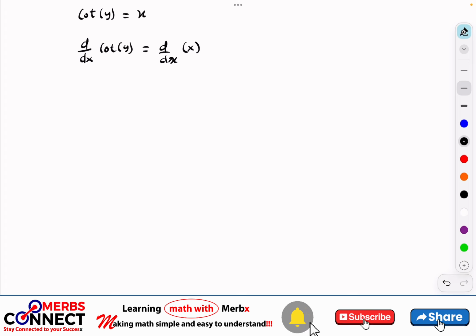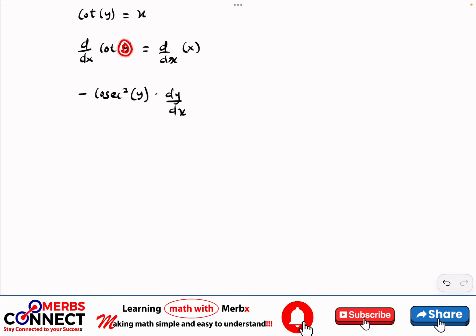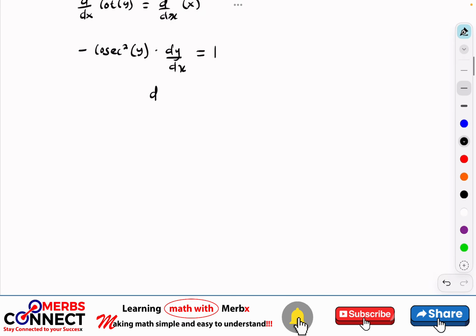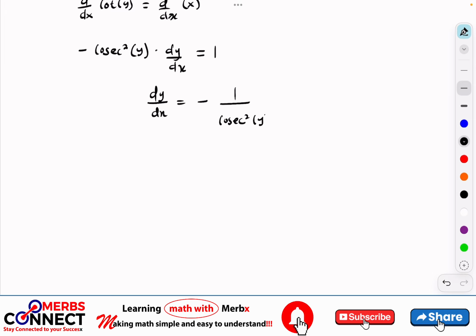This is going to give us minus cosecant squared of y, and we need to multiply it by dy over dx because we need to use the chain rule here. And when I differentiate x, I get 1. So now dy over dx is equal to minus 1 divided by the cosecant squared of y.